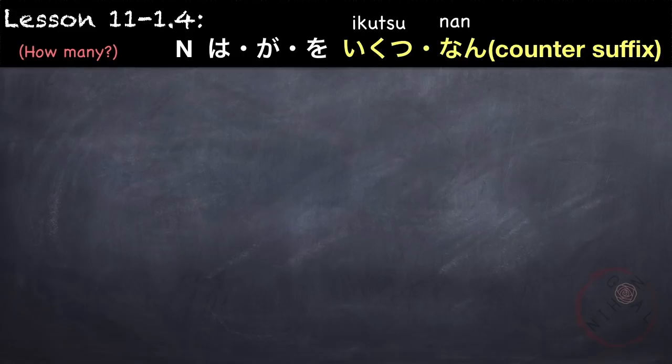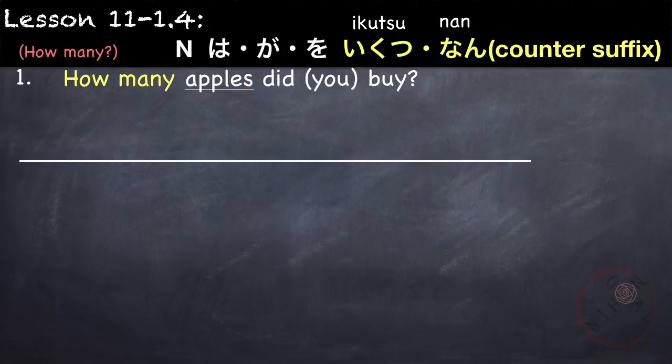Now, to ask how many, the pattern is our noun and then our interrogative, which is ikutsu or nan, followed by the counter suffix. For example, how many apples did you buy? あなたは, or you can drop あなたは and just say apples, リンゴ.